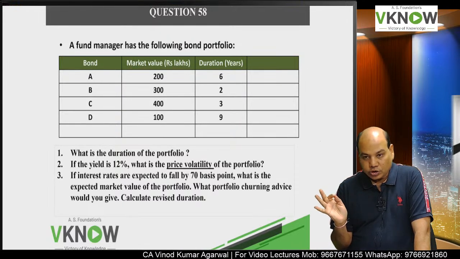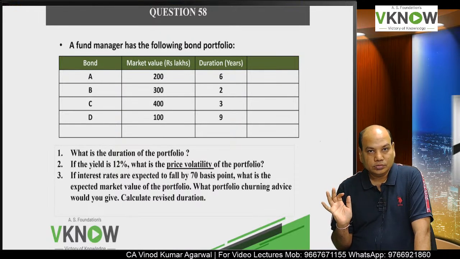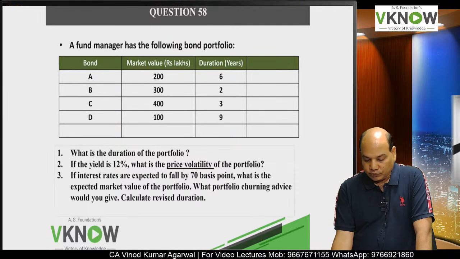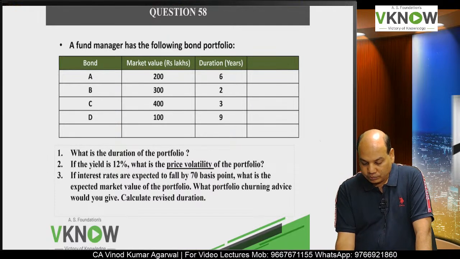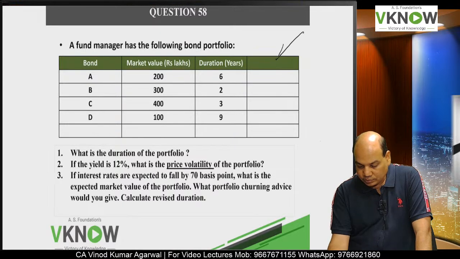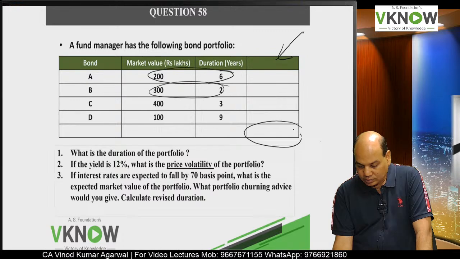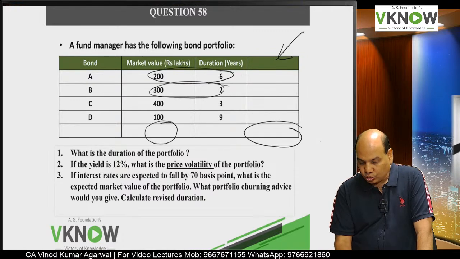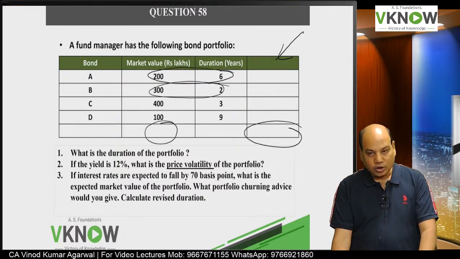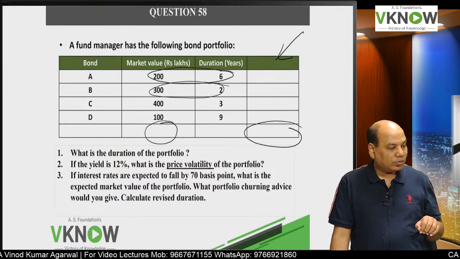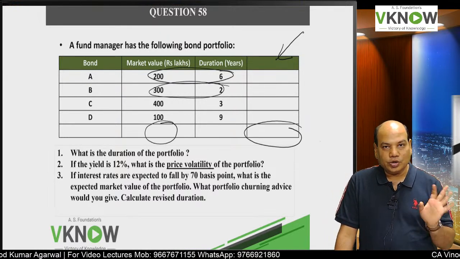What is the duration of the portfolio? Weighted average duration. So in this column, you will multiply, add and divide by the total of market value. I have kept that last column blank in your book.